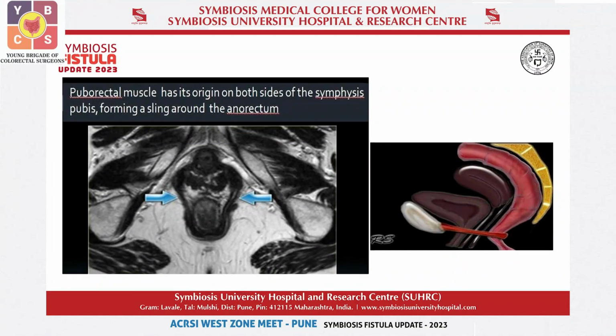The pubo-rectalis muscle actually starts from the pubic symphysis and forms a sling around that. Again, can you see the very dark signal around the entire structures in the anogenital space?